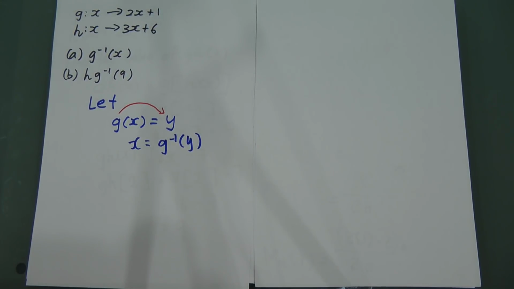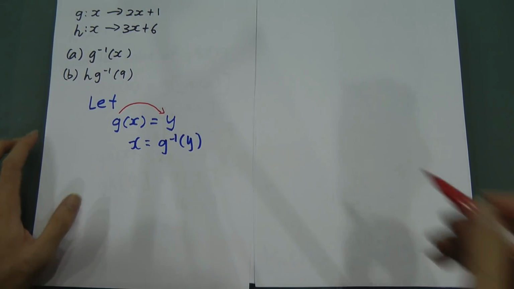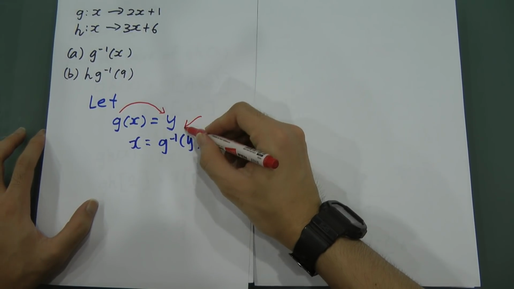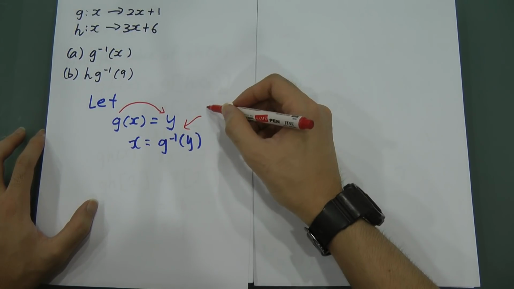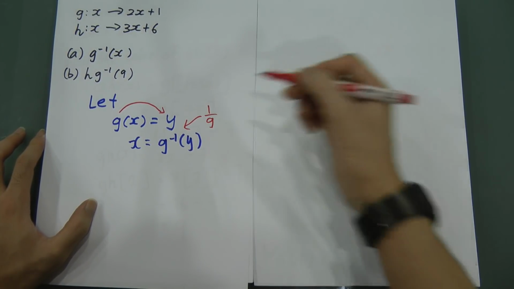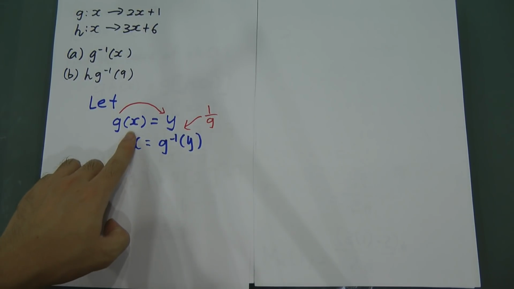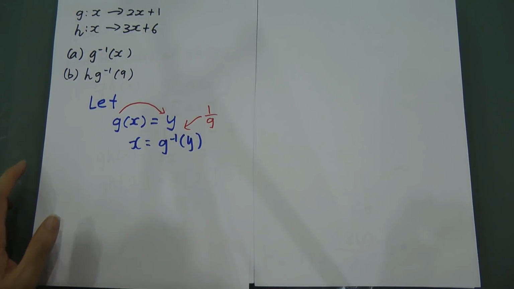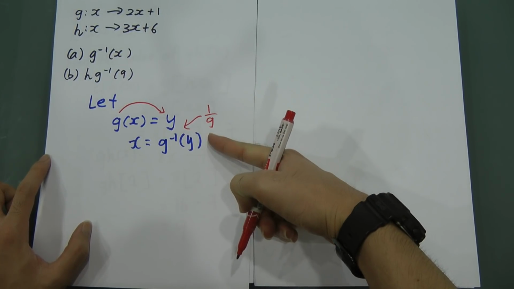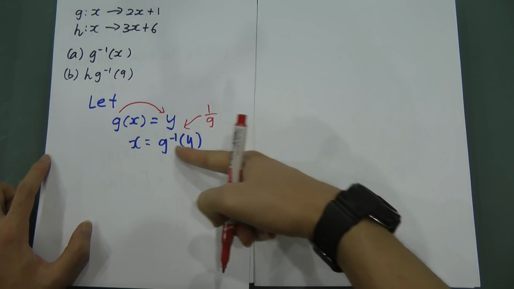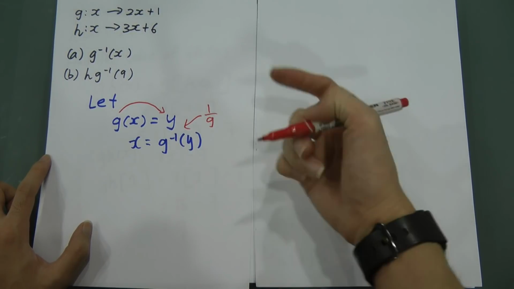Okay, why can I get g inverse y? If you learn about indices, g inverse, g to the power of -1 will mean 1 over g. Correct or not? When g multiple x, it moves to this side, it will get y over g. So y over g, we can write as g inverse y.